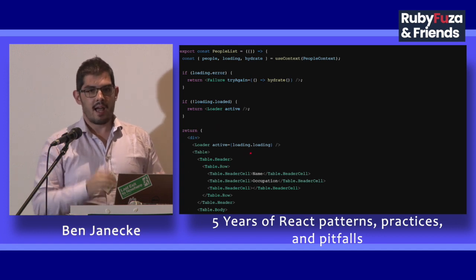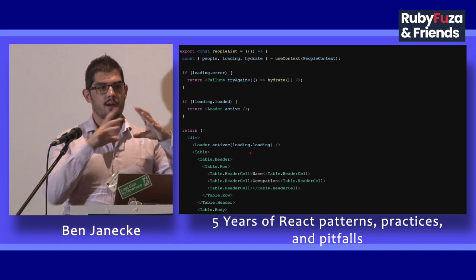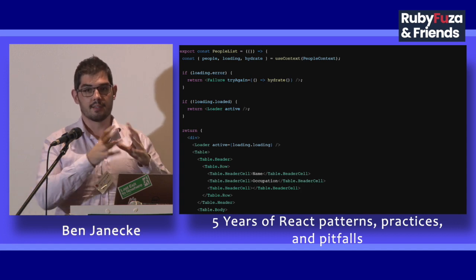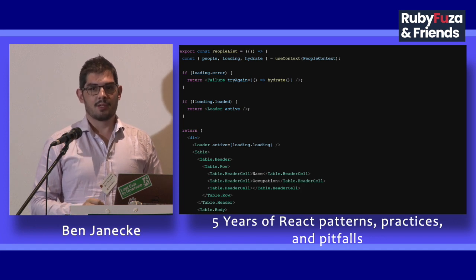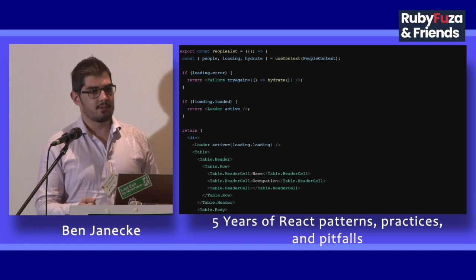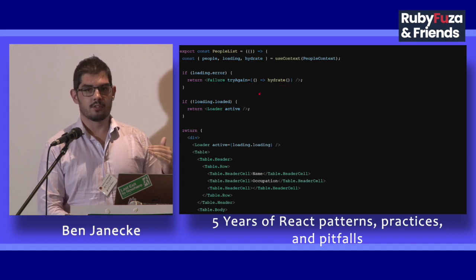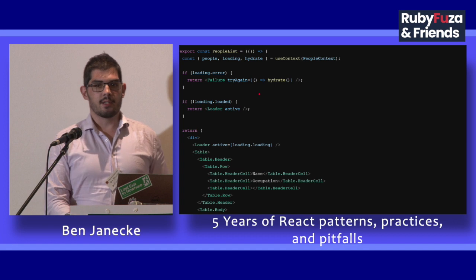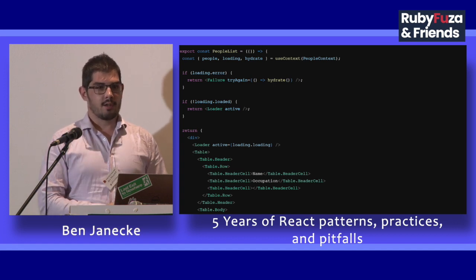Loading is, am I busy fetching something new? Where you can do an overlay over the existing data instead. Error is, did something blow up? Because you don't want to provide your user with a white screen of death, you want to provide them with something that gives them the option to try again, or just a graceful message at least. So loading, loaded, and error, not just loading, please.